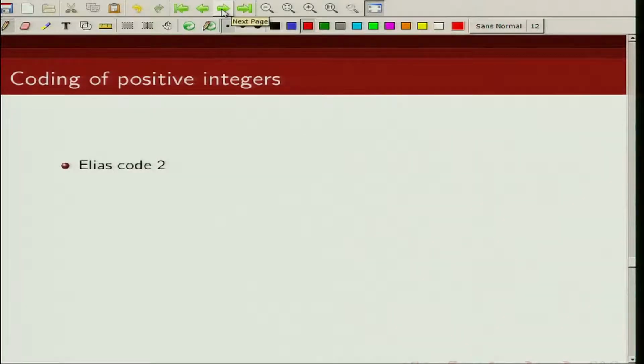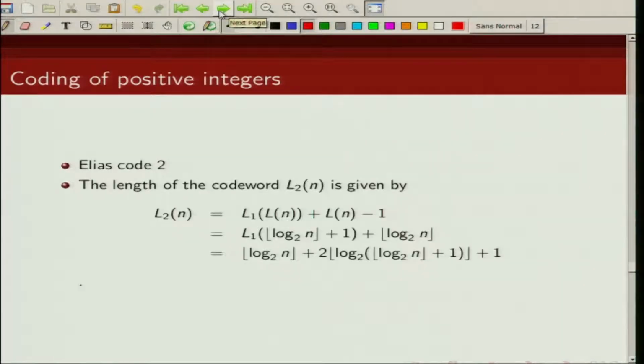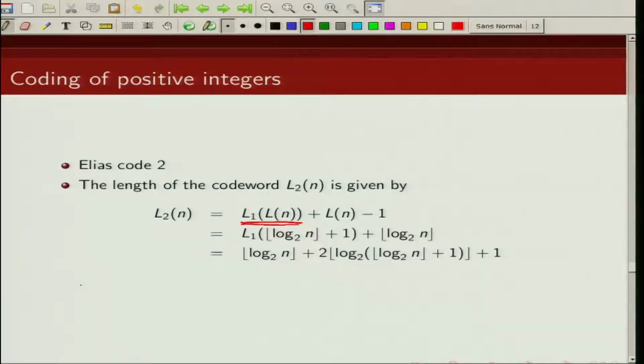Now, what is the beauty of this particular code? Number 1, this is a prefix free code, and let's compute the length of the code word. So remember, the first part of the code is we are using Elias code 1 to denote the number of bits required in the binary representation of the number. So the first part of the code length will be given by L1 of l of n.